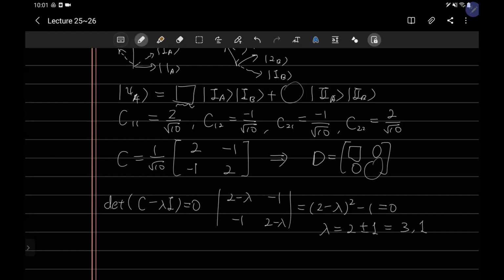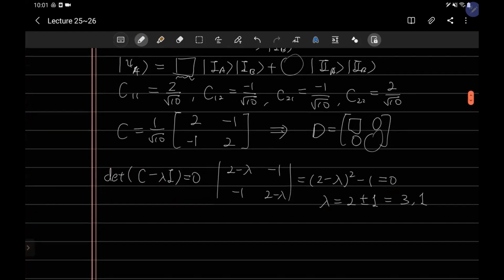So those are the eigenvalues. And then let's also find the eigenvector corresponding to each of them. For the 3 case, what I want is 2 minus 3, 1, 1, 2 minus 3, so when I plug in lambda here, it is minus 1 and minus 1.